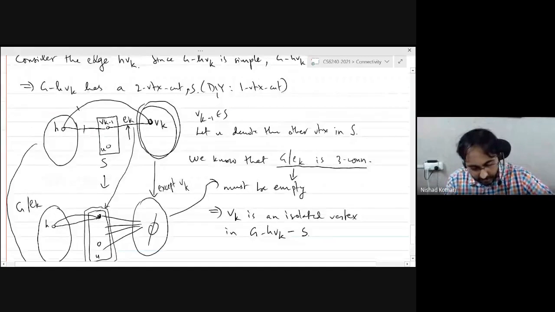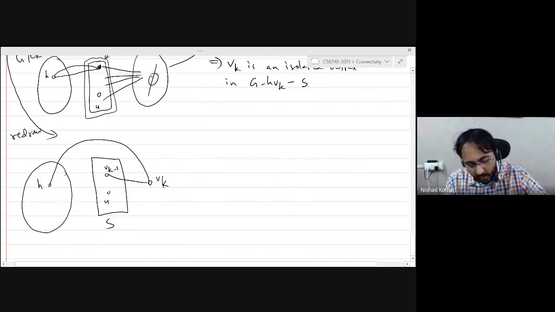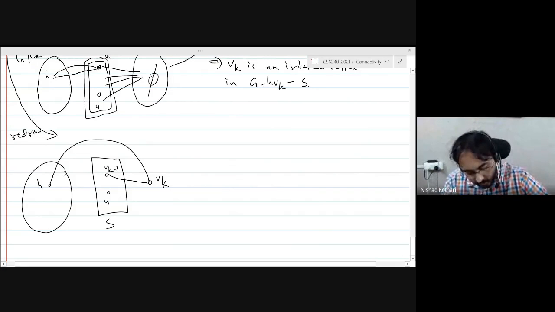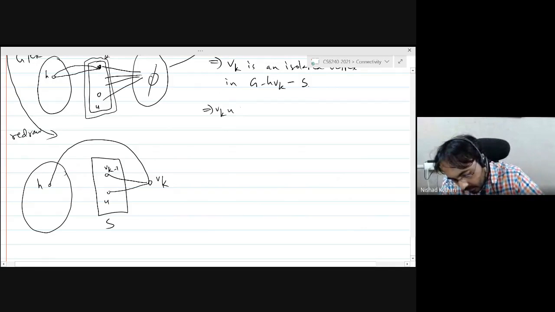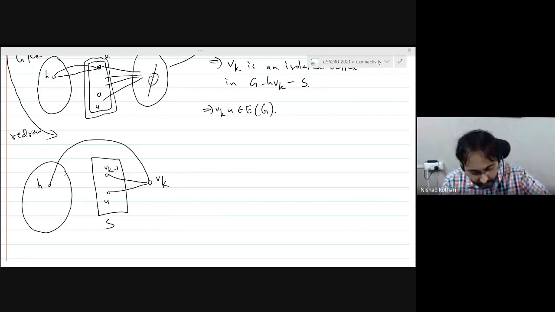And Vk's neighbors are Vk minus 1, H, and, well, it's a 3 connected graph, so every vertex has at least 3 neighbors. And the only way that's possible is Vk is also adjacent to this dude. Okay? VkU is an edge of the graph. All right? And this is our edge Ek.